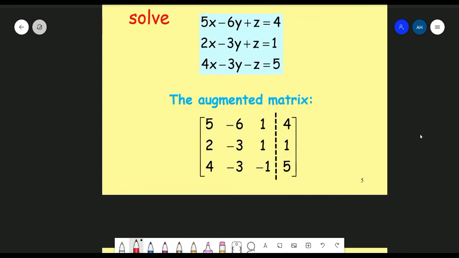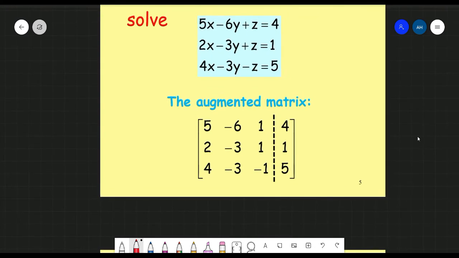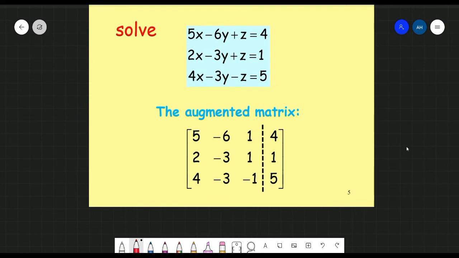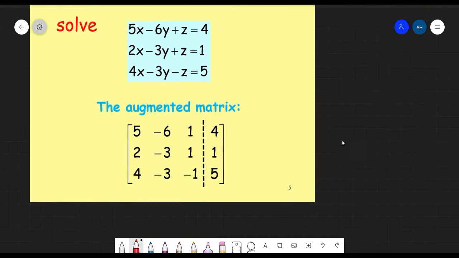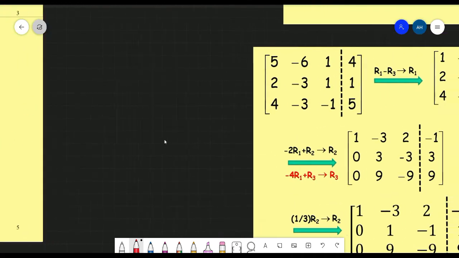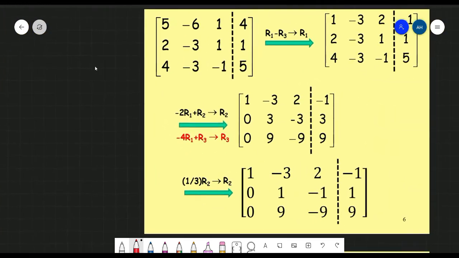Now we are going to apply elementary row operations on this matrix, hoping that at the end we are going to have a matrix that fulfills all our targets. So first, let's do this operation.